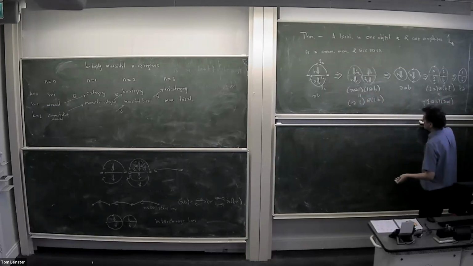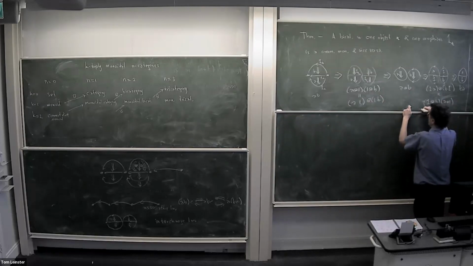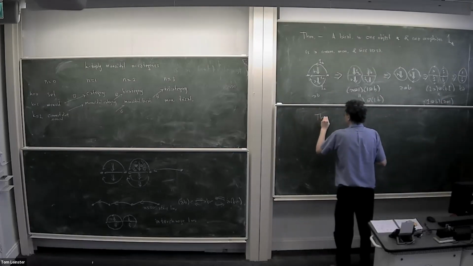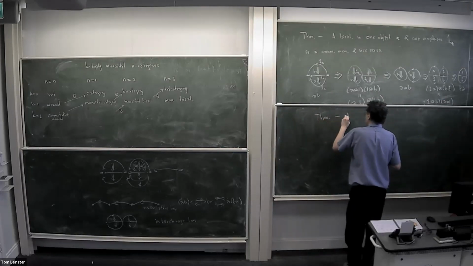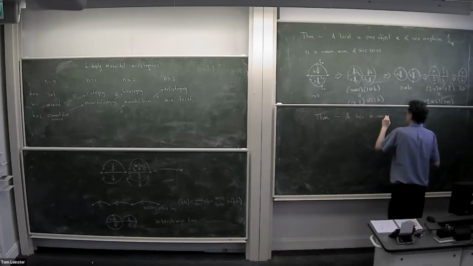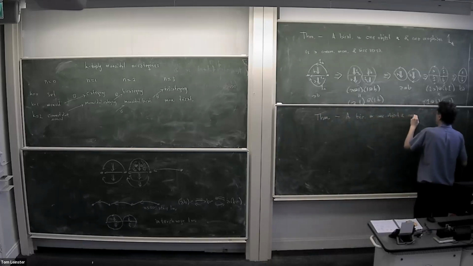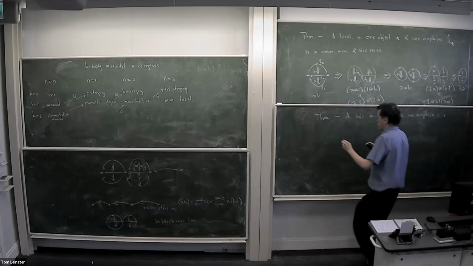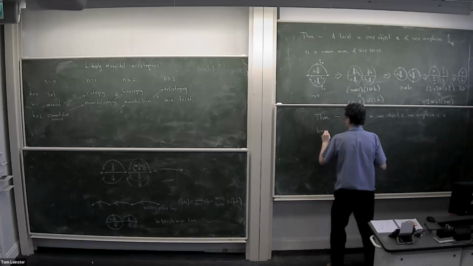Or what people usually would say is there's an isomorphism between A tensor B and B tensor A, which is also true. So there's this other theorem, which is that a tricategory with one object and one morphism is, well, people call it a braided monoidal category.